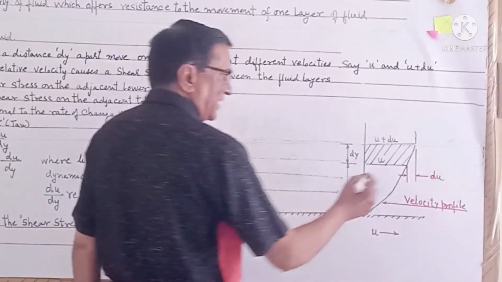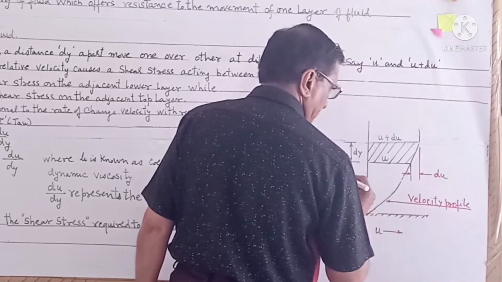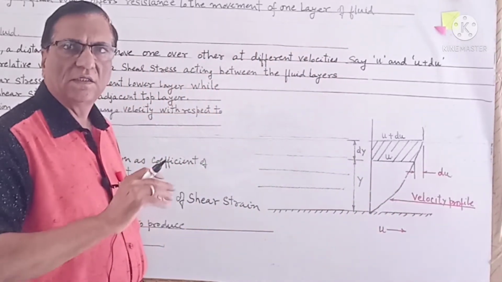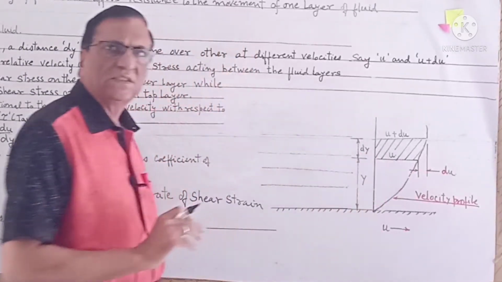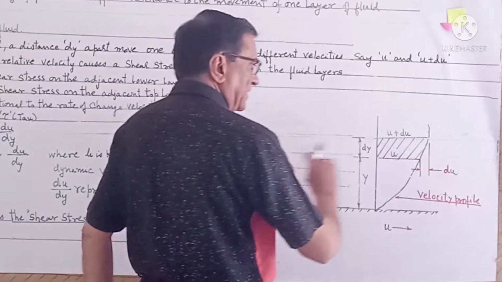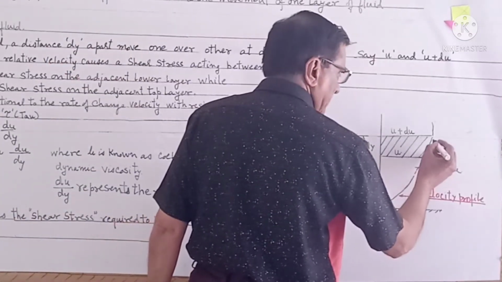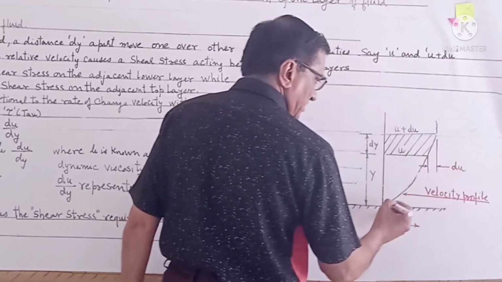And if we join all these points, gradually velocity reduces due to the friction, or because it has to overcome the shear stresses offered by the plane layer. So if we join all these points, we will get the velocity profile.